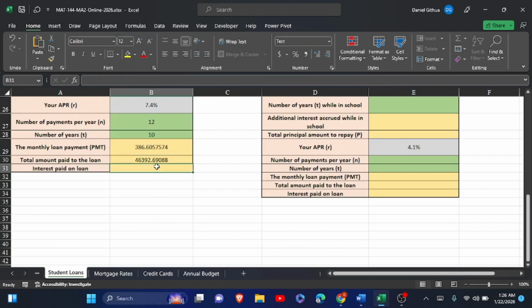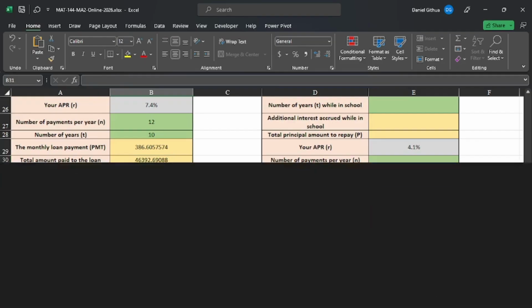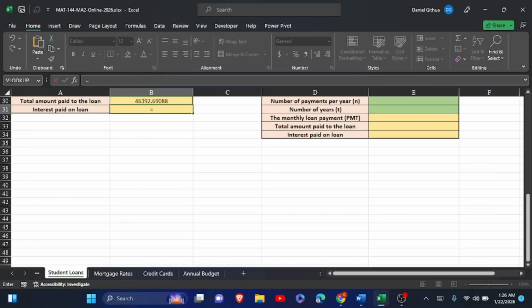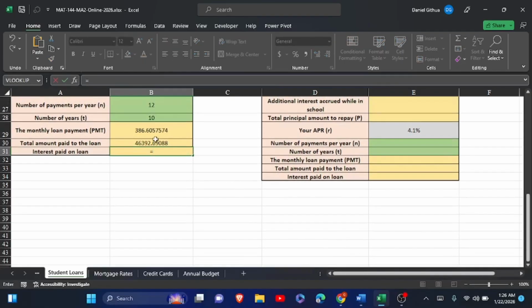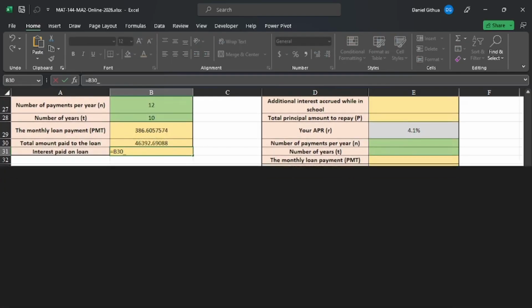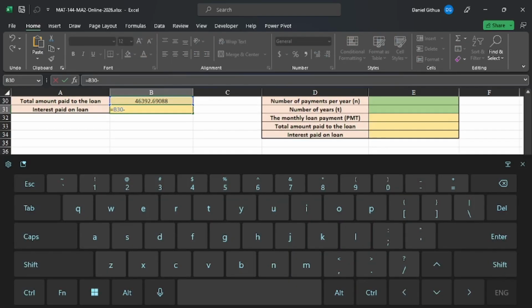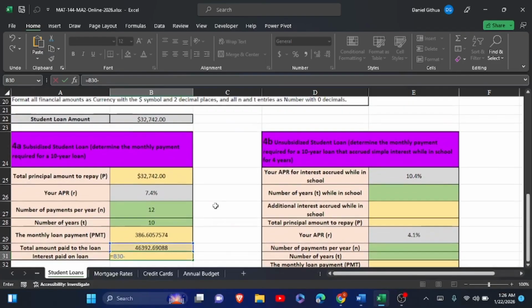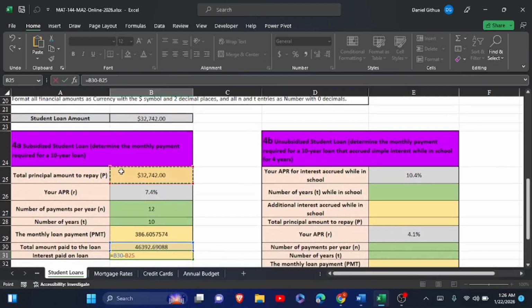Then interest will be equal to the total amount minus the initial amount, the principal amount. Press enter, and that is the interest that we paid.